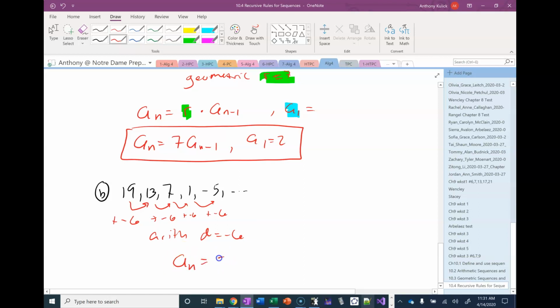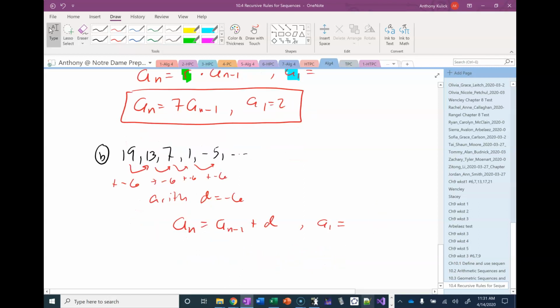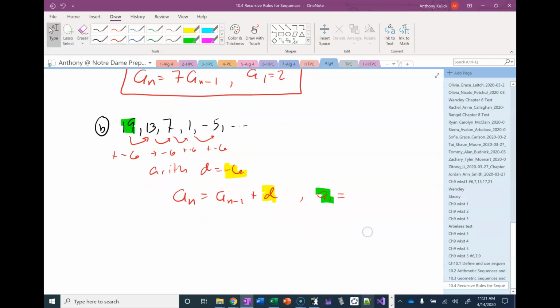So my recursive formula for an arithmetic sequence is this. I need two things: a d, which I know, and a first term, which I also know. So I have everything that I need.